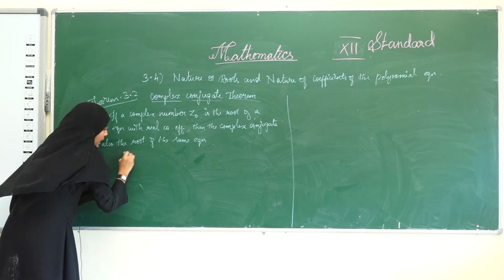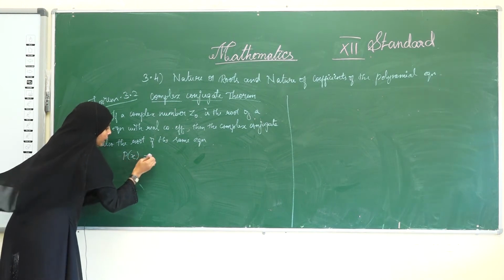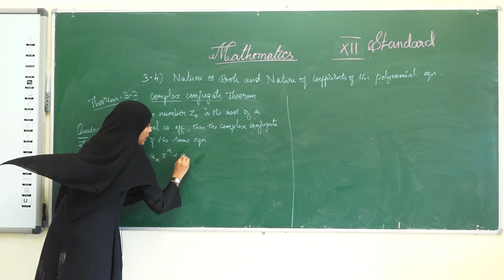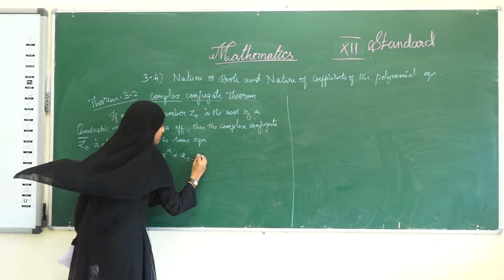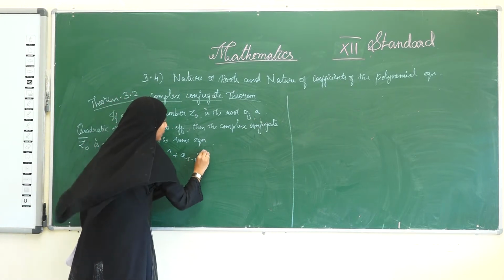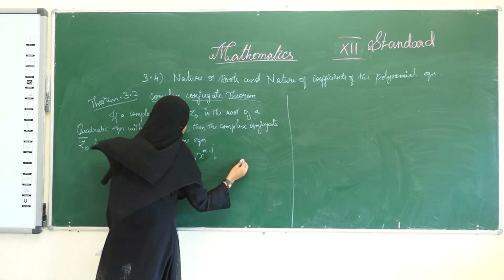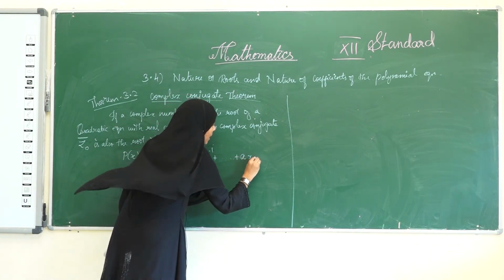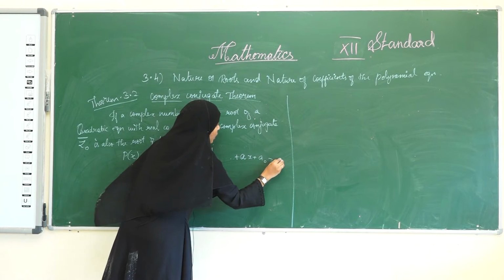For this, let us take a polynomial equation. P of x is equal to a n x power n plus a n minus 1 x power n minus 1 plus etc. plus a naught, equal to 0.